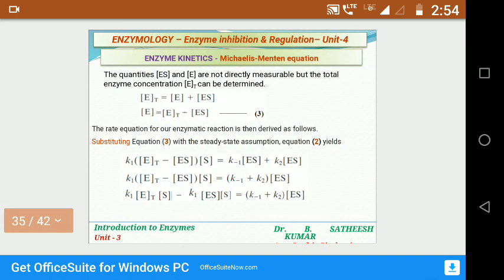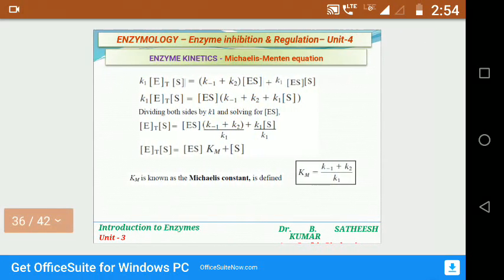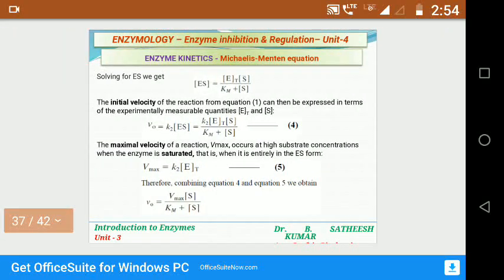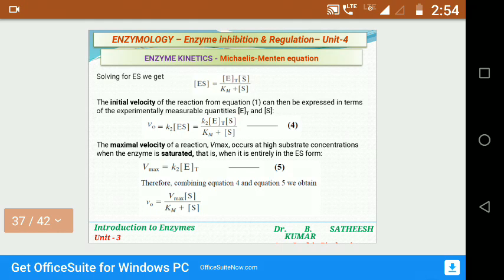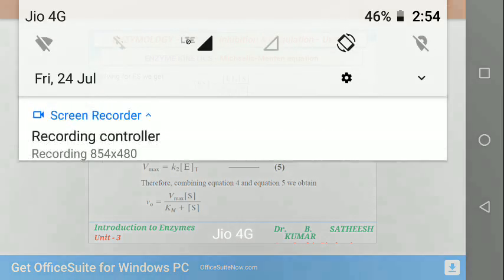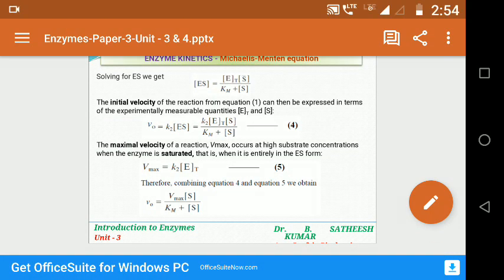So keeping all these three things in mind, we can solve that equation, where we will get V0 equal to Vmax S by Km plus S. Here V0 is the initial velocity of the enzyme, and Vmax is the maximum velocity of the enzyme at excessive substrate concentration.